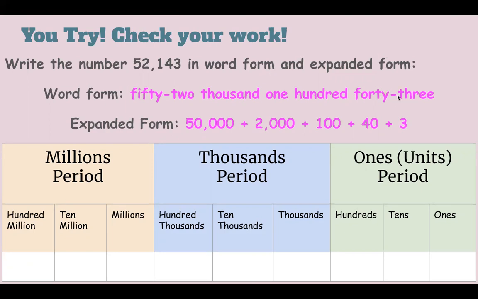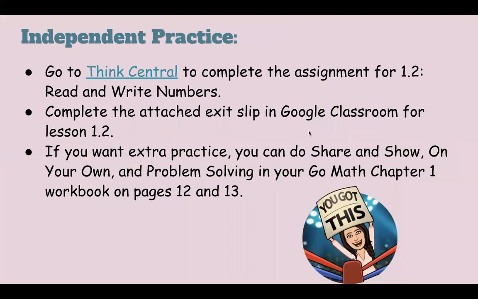If you forget it though, when you do your exit slip, it's not a big deal. And then expanded form is 50,000 plus 2,000 plus 100 plus 40 plus 3. We broke apart this number into each digit with all of its zeros, and hopefully you had that as your answer. All right, so that's it for the lesson.